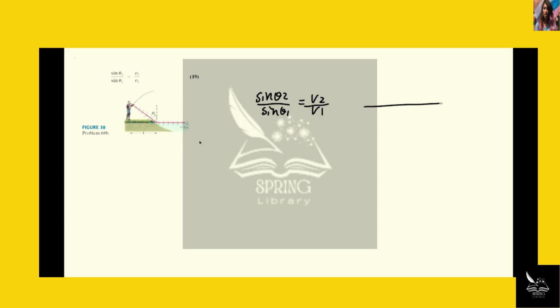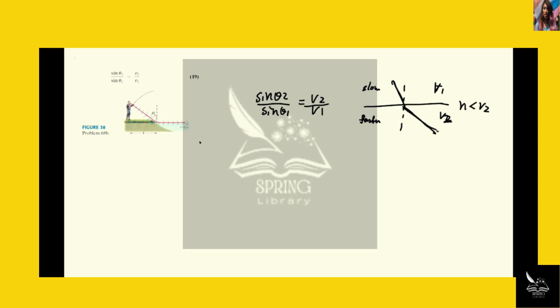But we can imagine a wave traveling from somewhere with a slower velocity to somewhere with a faster velocity. So if we assume this is V1, this is V2, and V1 is smaller than V2, then you would expect the angle theta 2 to become larger.